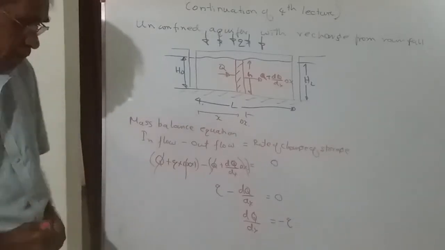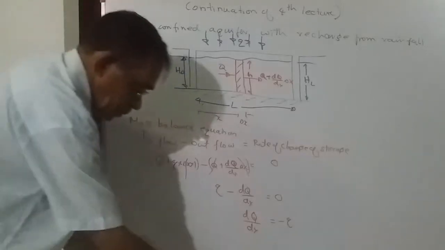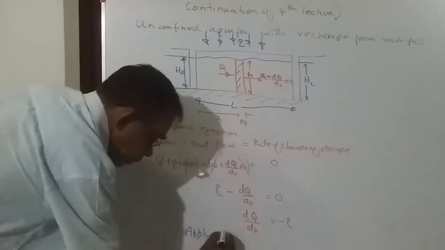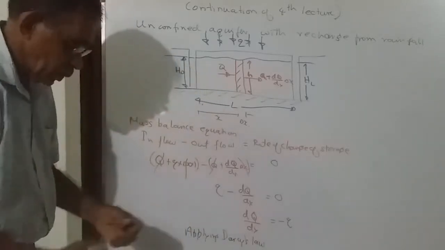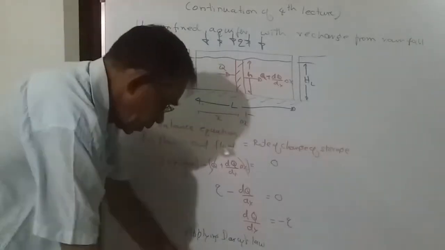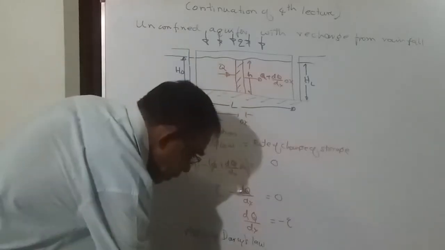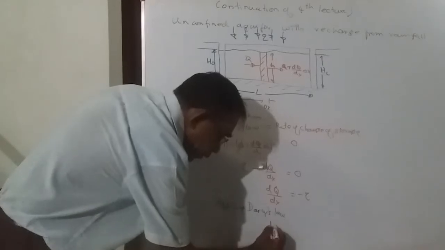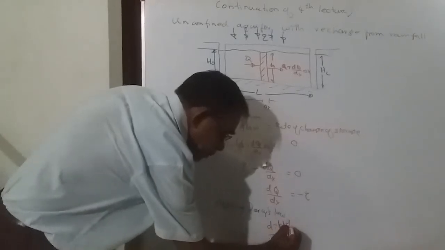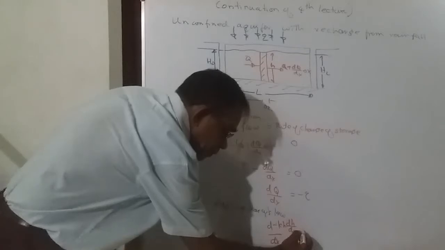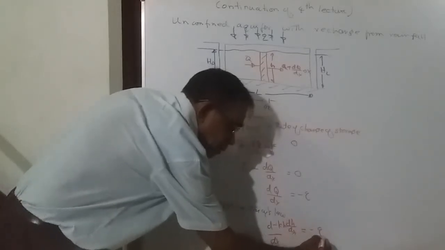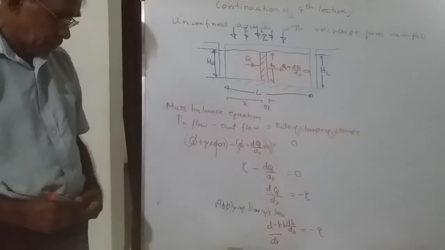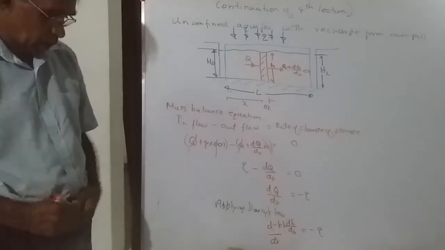Now you can apply Darcy's law to Q. I put it as d by dx of minus k h dh/dx is equal to minus q. That is the applied Darcy's law.